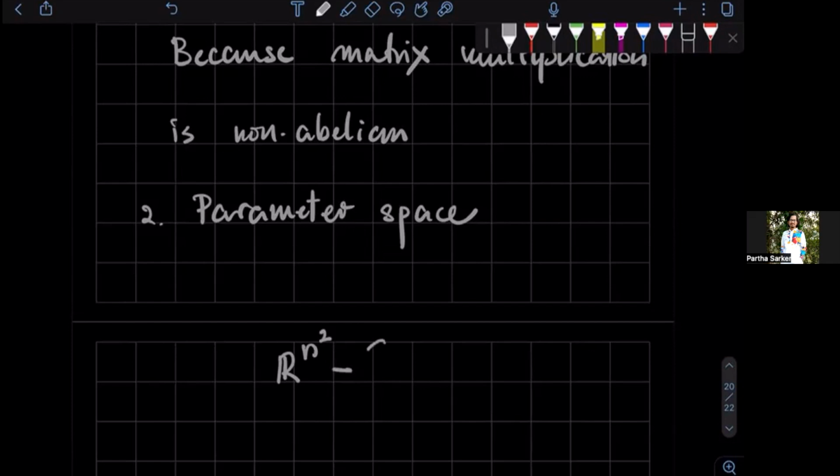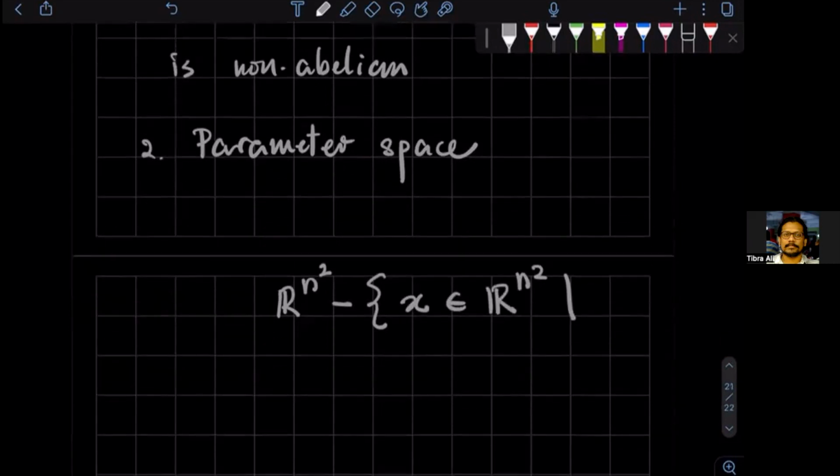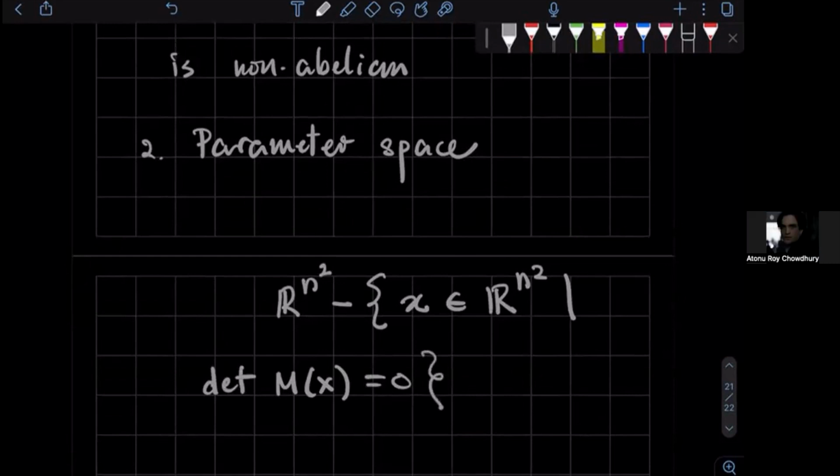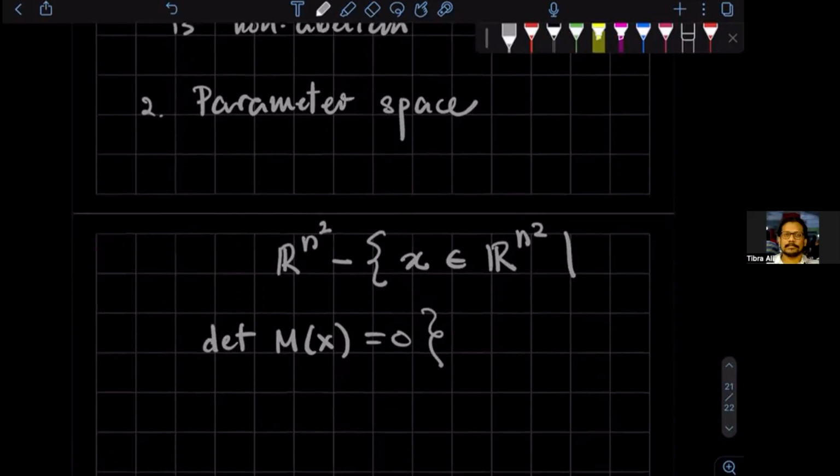R^(n squared) minus all those matrices, all those points in R^(n squared), such that the matrix that we can make out of X has determinant 0, we exclude those points, right? Is that what you meant? Yeah, okay. So this is going to be the parameter space.